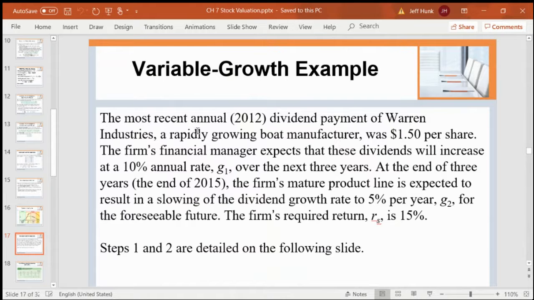The most recent annual dividend payment of Warren Industries, a rapidly growing boat manufacturer, was $1.50 per share. So you need to parse. Parse is a computer science term, where you break down and analyze.